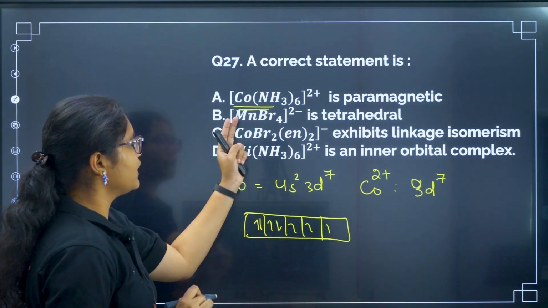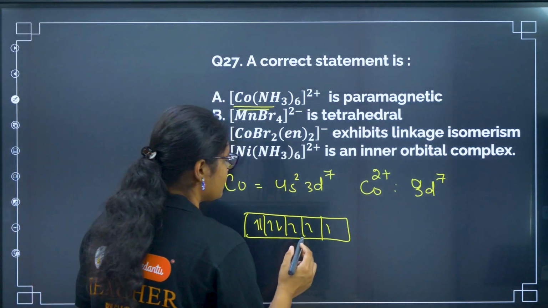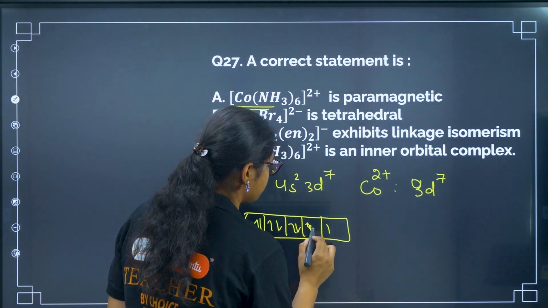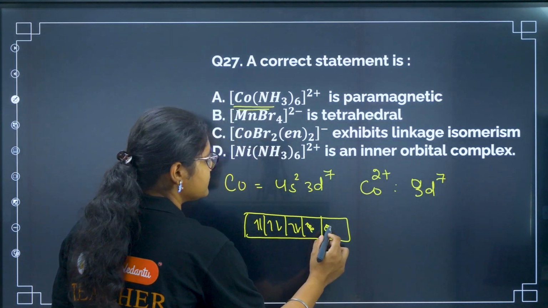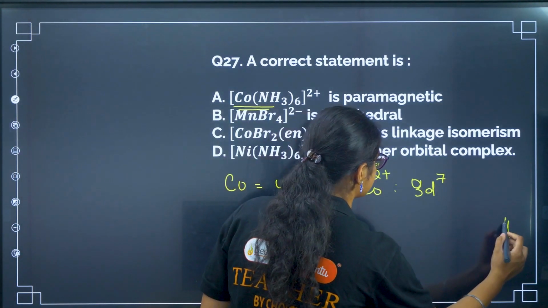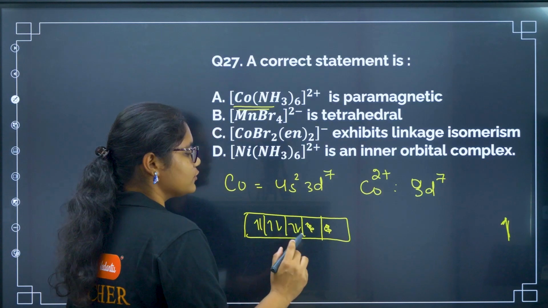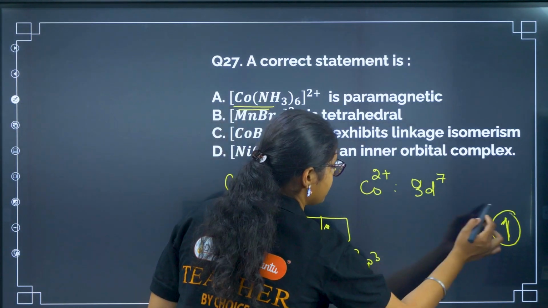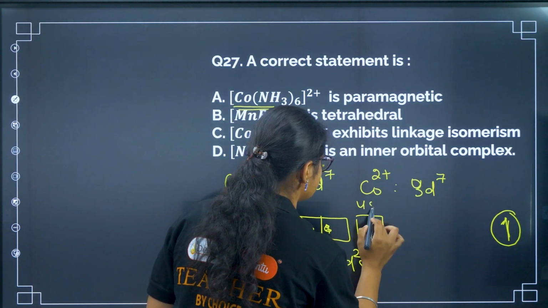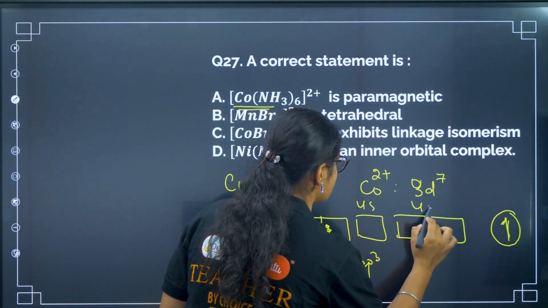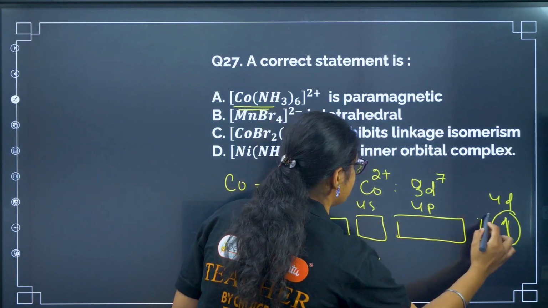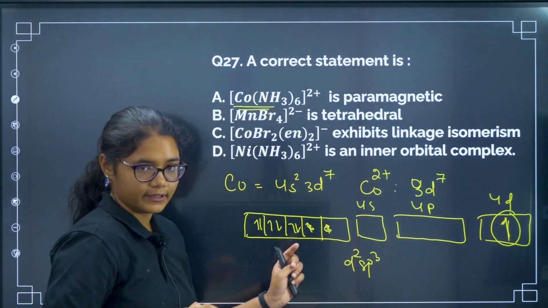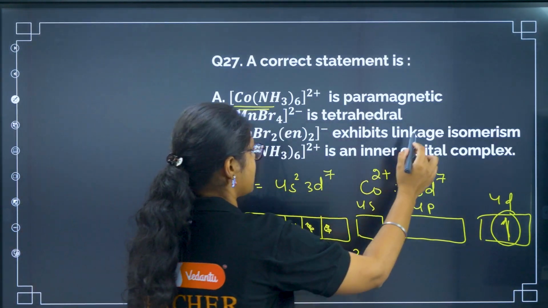We need 2 empty orbitals, right? So if you want to empty 2 orbitals, you can pair up this one, and this electron is sent to the last one, right? So the hybridization is d2sp3 with one unpaired electron here. So this is 4s, this is 4p, but this one is 4d containing one unpaired electron from here. Okay, so this statement is correct.